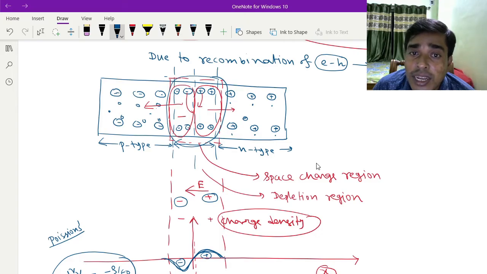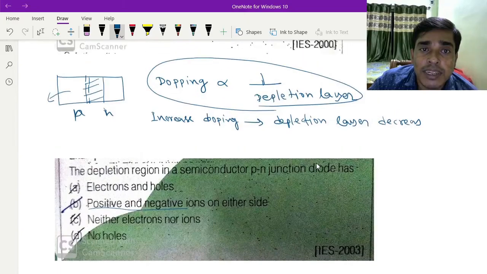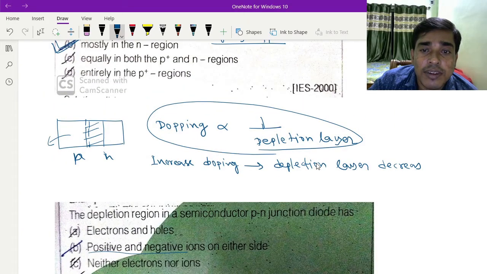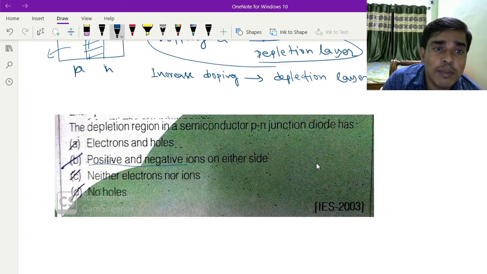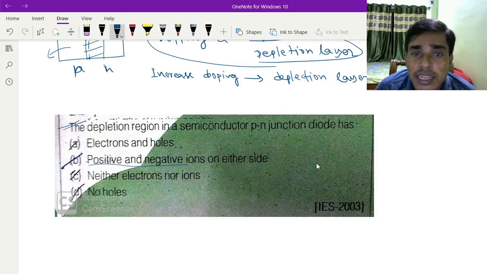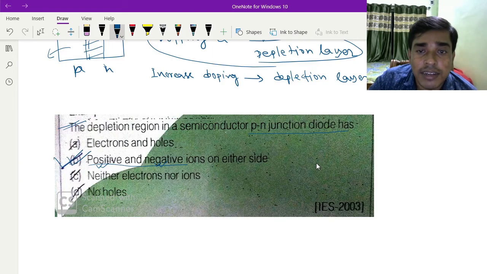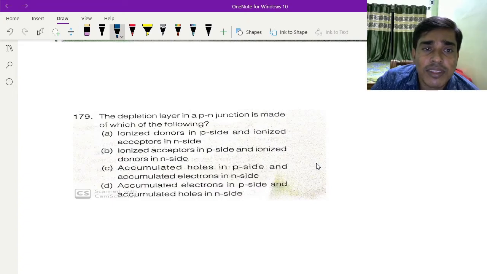That's why there are no electrons, no holes, only the ions are present. So for this problem, the depletion region in a semiconductor PN junction diode has electrons or holes? No, only positive and negative ions are present. So this will be the answer.